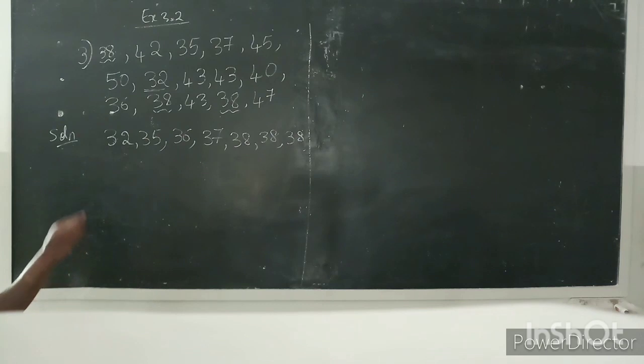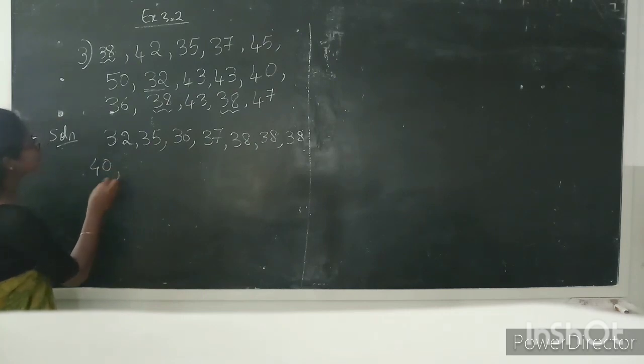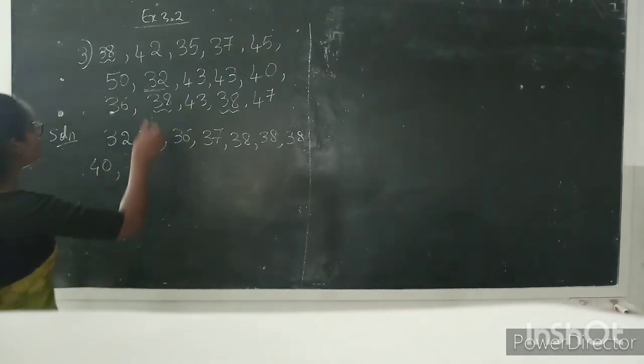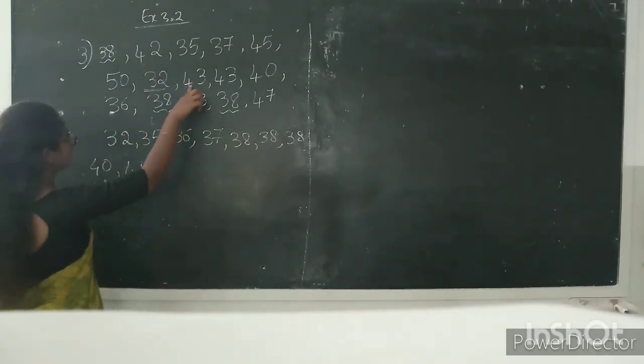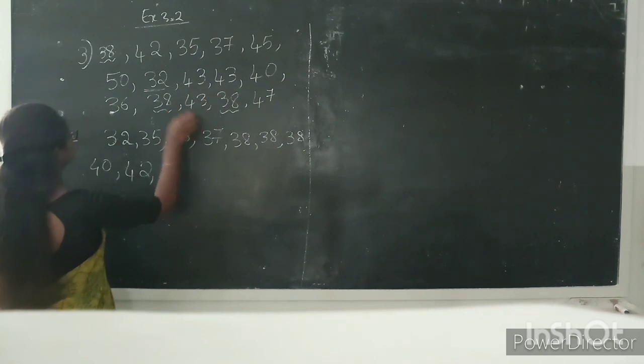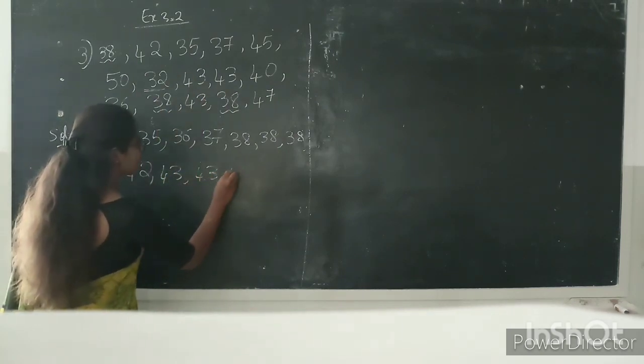After 38, 39 is not there. 40 is there only one time. 41 is not there. 42 we have once. 43 is there, and it is repeating thrice here: 43, 43, 43.